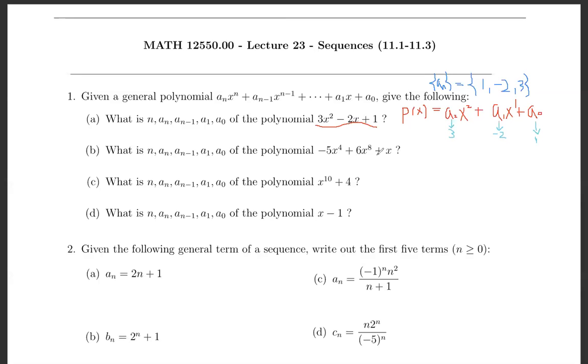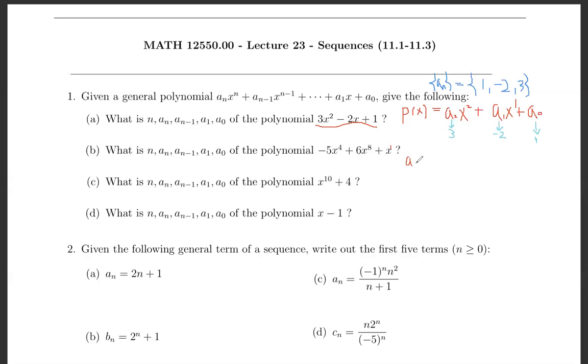Okay. So for this one, you have an 8th power polynomial. However, it doesn't have all the terms for all the powers of x. Instead, it only has power 0, power 4, and power 8. Right?